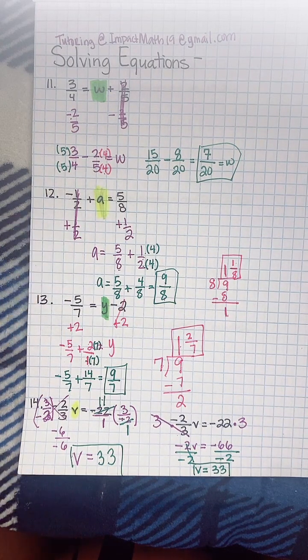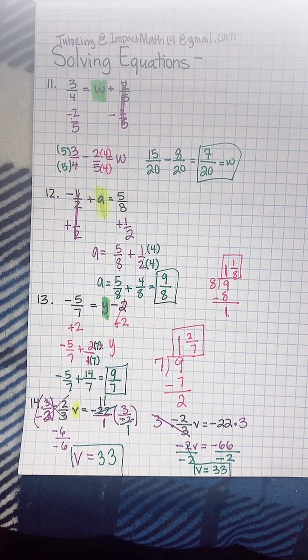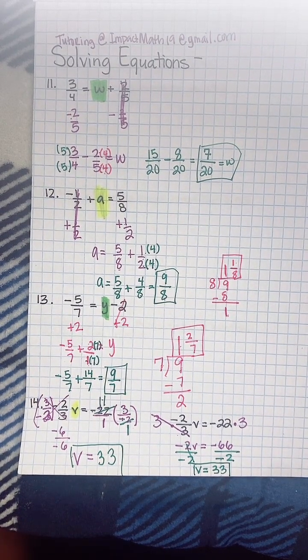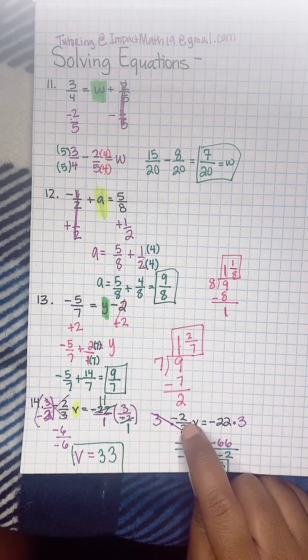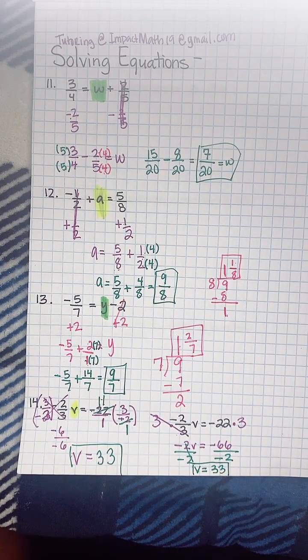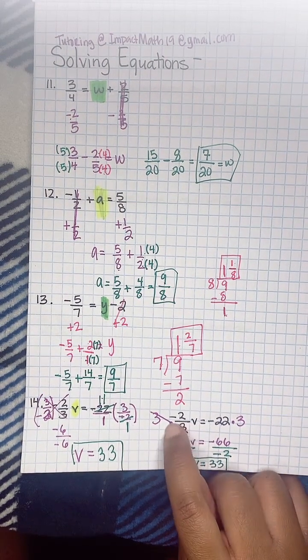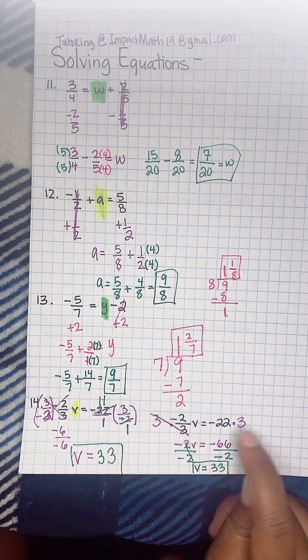How do you know when to add or subtract or when to cross multiply? You know by the operations that the problem gives you. See here, this fraction bar, you have to understand that means division. So to undo this division, I had to multiply both sides by 3.